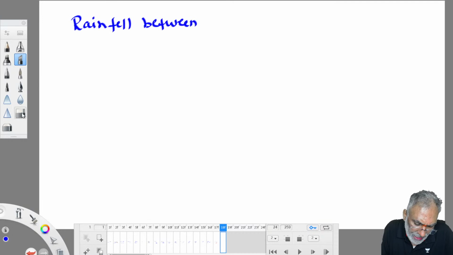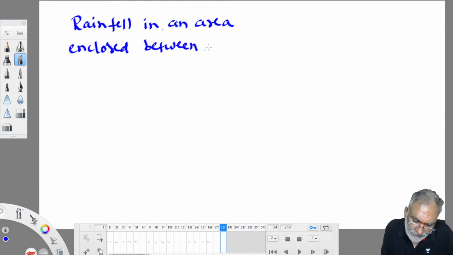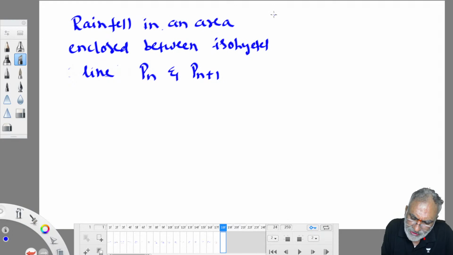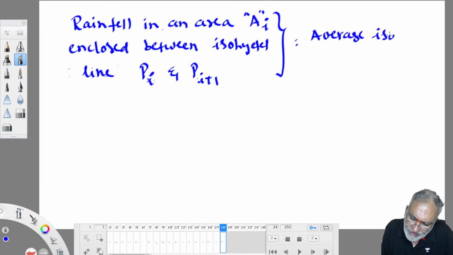Therefore, the rainfall in an area Ai enclosed between two successive isohyetal lines Pi and Pi plus 1 is taken as the average isohyetal value.